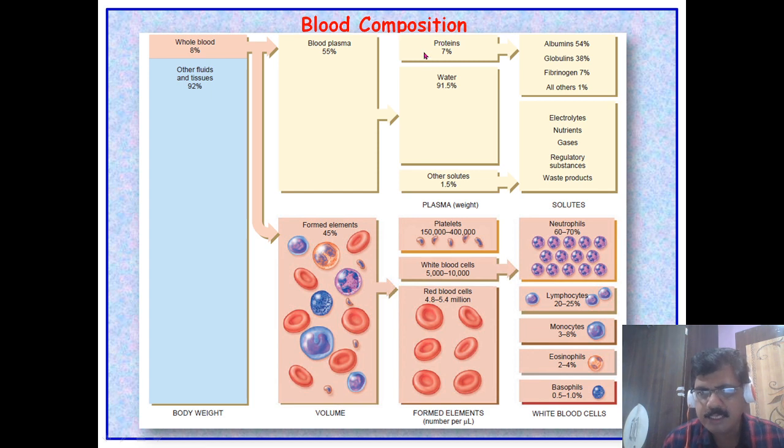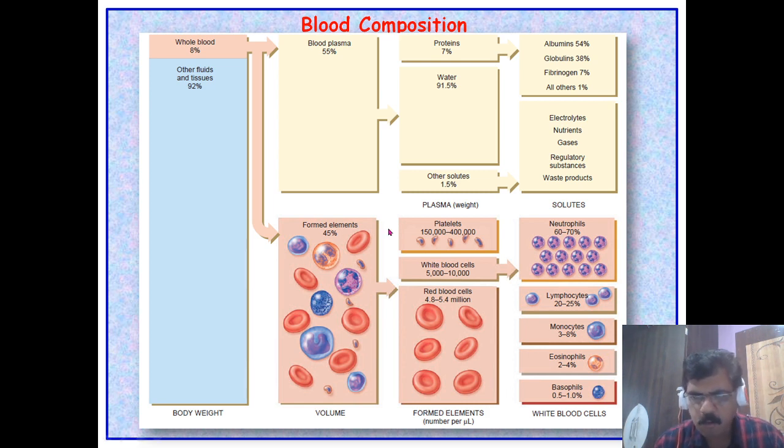Among these proteins, the most important are the albumins and the globulins. Other than these, the major protein is fibrinogen, and all other proteins make up 1%. Then other solutes comprise electrolytes, nutrients, gases, regulatory substances and the waste products.